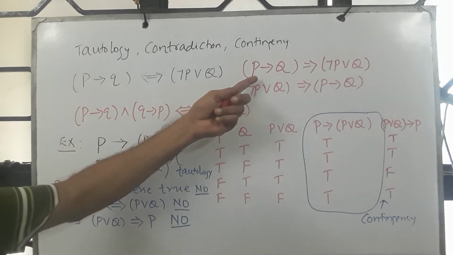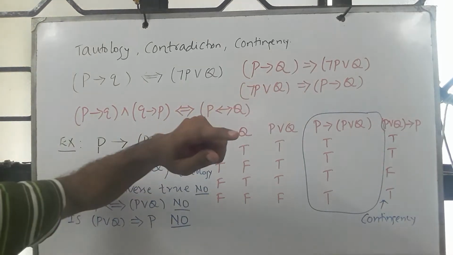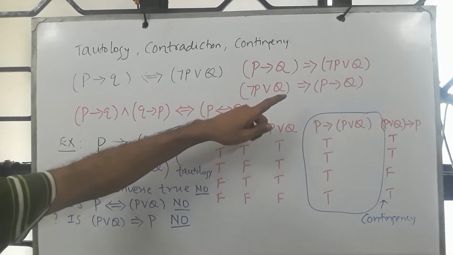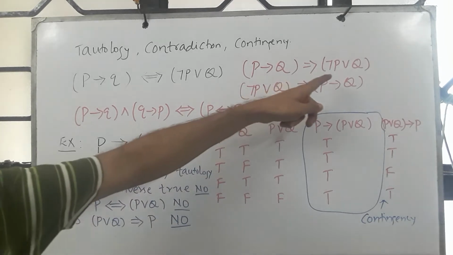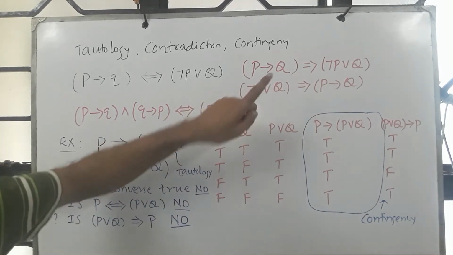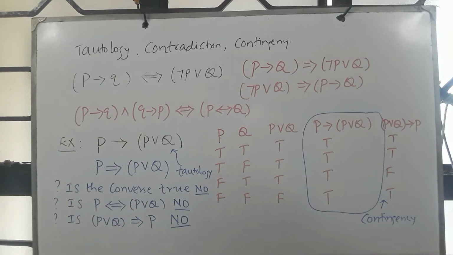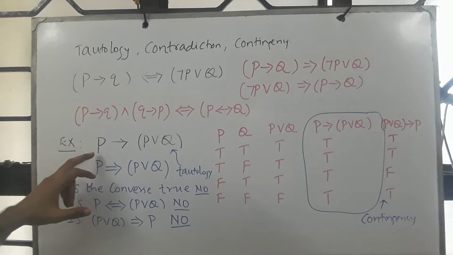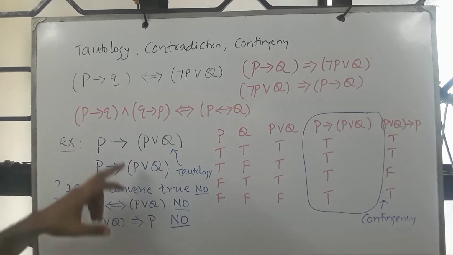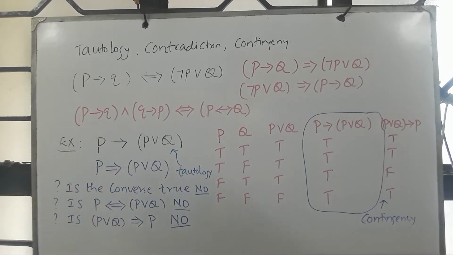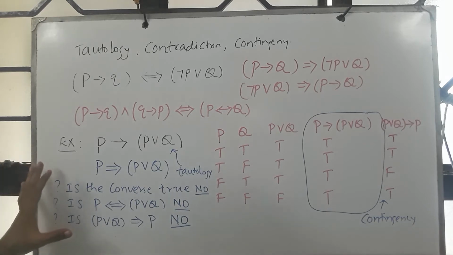For example, P implies Q implies this, and some expressions are both, negation P or Q implies P implies Q as well. So some expressions you get to see only one way. For example, P implies P or Q, and when we were checking whether the converse is true, it turns out that the converse is false. For many expressions that we come across, only one direction is true and the other direction is false.